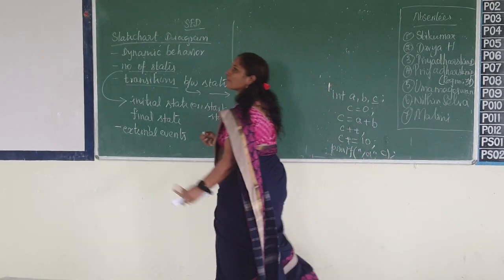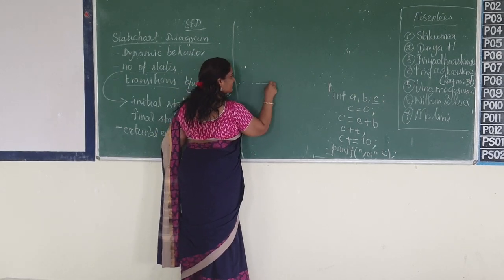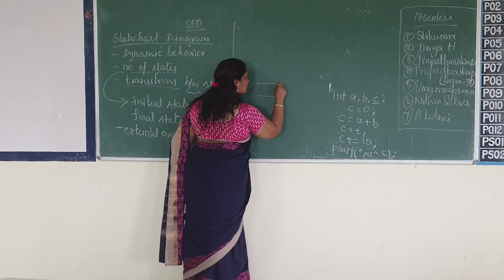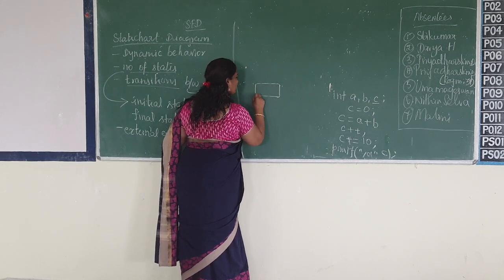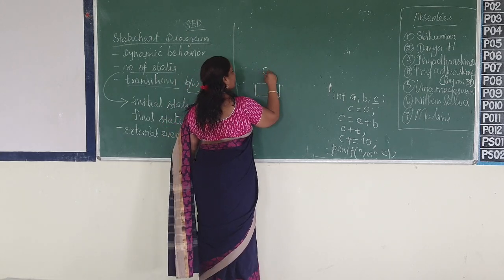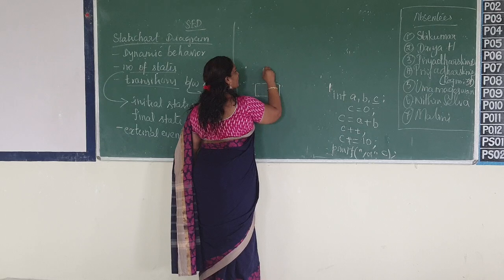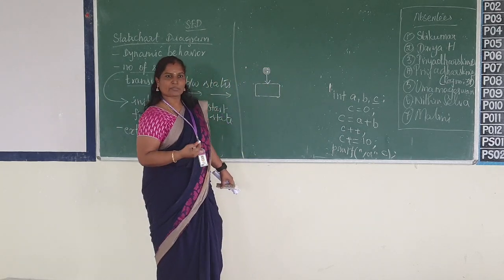So, your fan is on. The initial state of your thing is, you always start with this circle in any process, because we even considered use case and activity diagrams here.